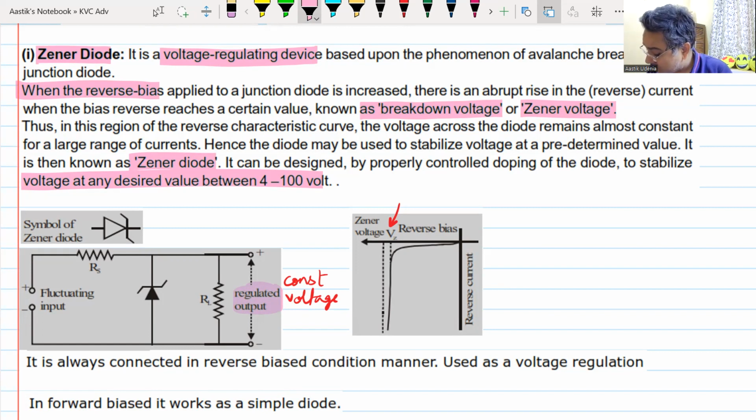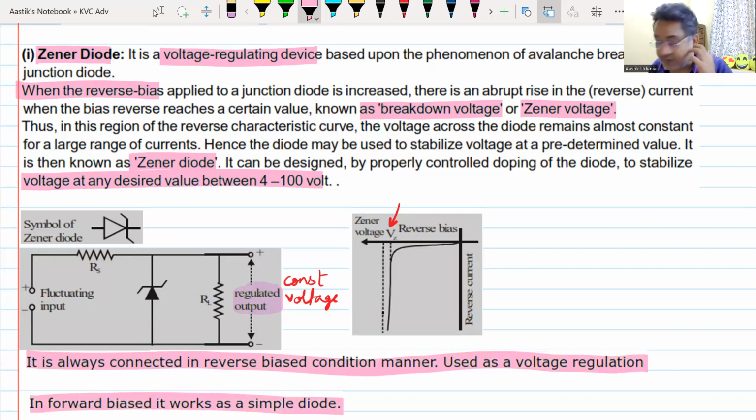It is used as a voltage regulator to keep a constant voltage. It is always in reverse bias. In forward bias, it just behaves like a simple diode, but we don't use it in forward bias. We use it in reverse bias to regulate voltage. This is the symbol of a Zener diode. It is always in reverse bias and it will keep the voltage constant.